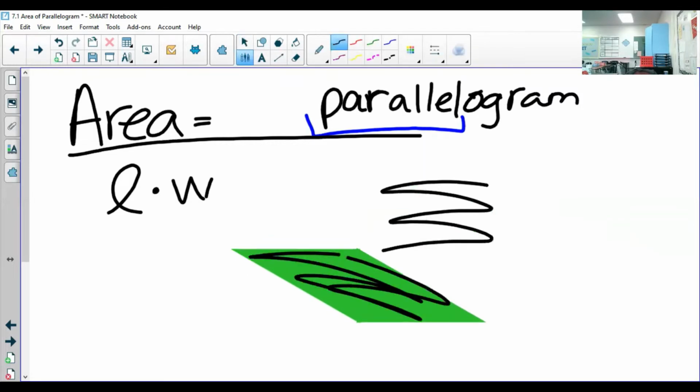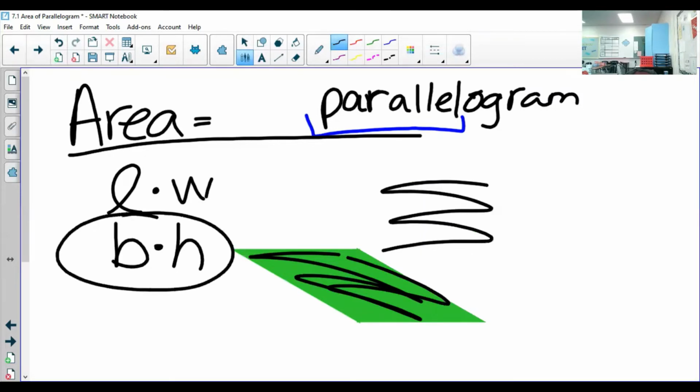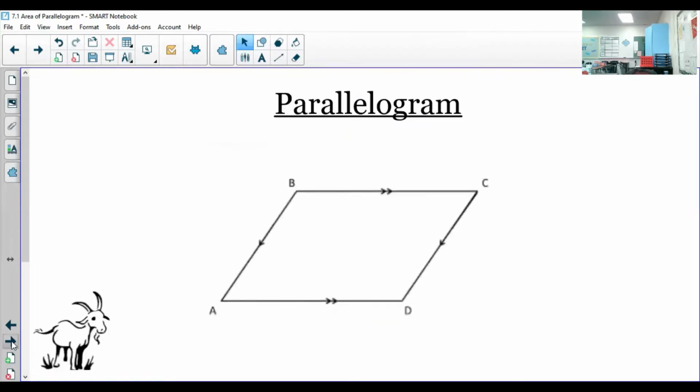It's the same amount of space, just in a different way. So the formula we're going to use for area of a parallelogram is base times height. It's very similar to length times width, but the vocabulary that we're going to use is this right here, base times height. Okay, so let me show you what we're looking at.